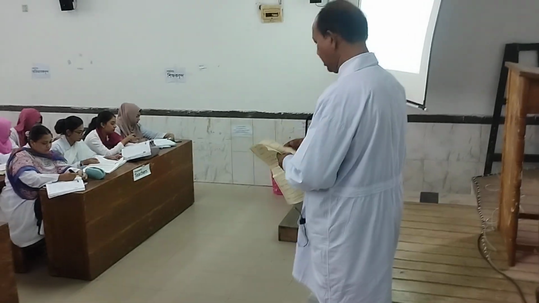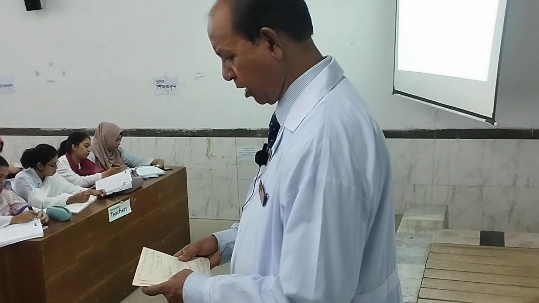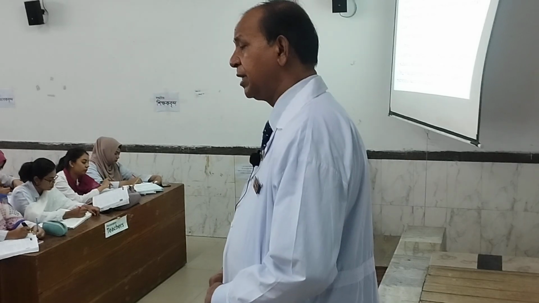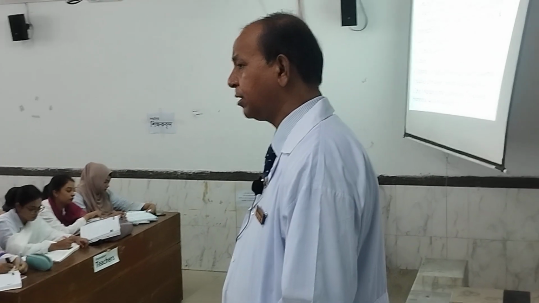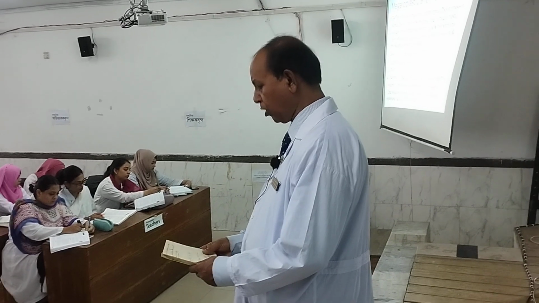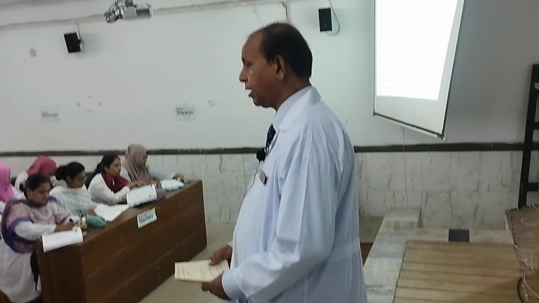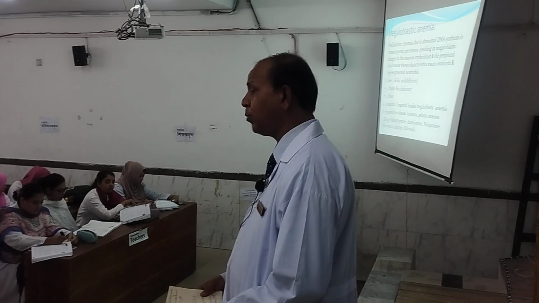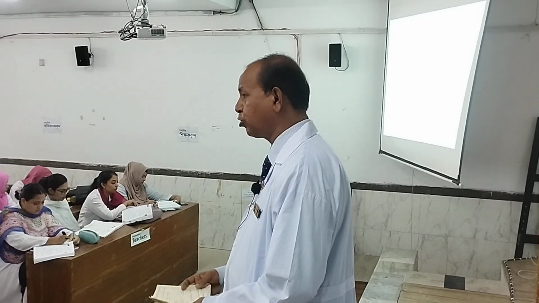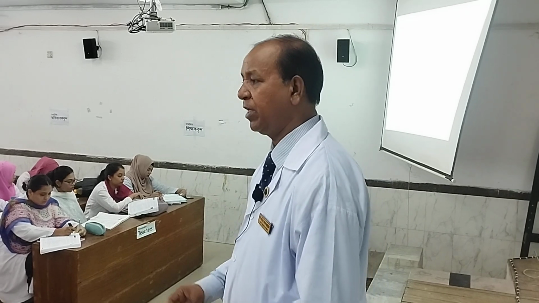Now another treatment is the growth factor: G-CSF, GM-CSF. G means granulocyte, and CSF means colony stimulating factor. Granulocyte colony stimulating factor, then granulocyte-monocyte colony stimulating factor should be given, and it is available in the market as filgrastim.